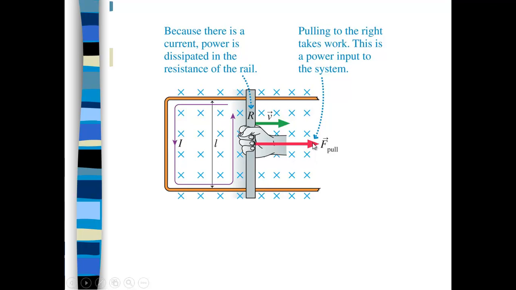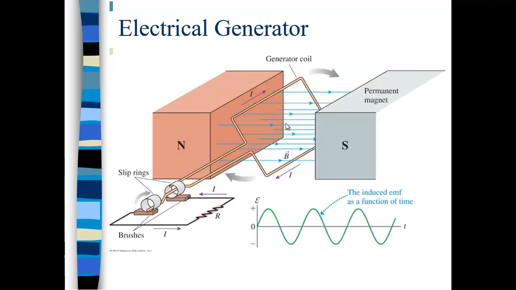Work is force times the length that it acts through, so that will be Newton meters. And then that will impart power depending on the velocity at which you're moving through. So the force of the pull is going to be equal to the velocity times the length, L squared, times the magnetic field squared divided by the resistance.